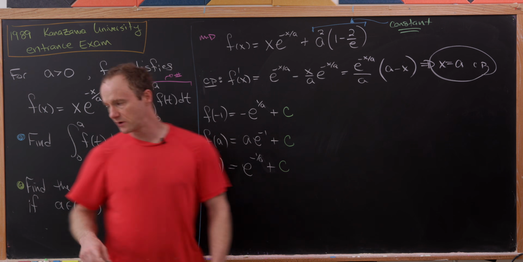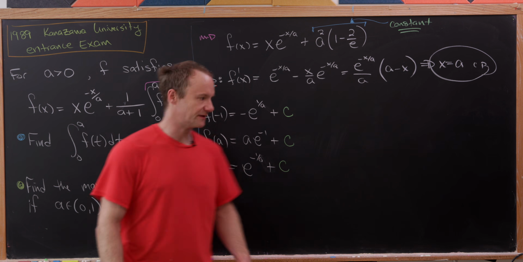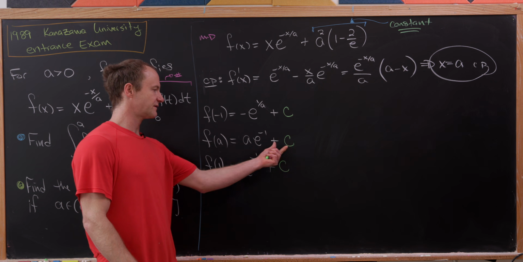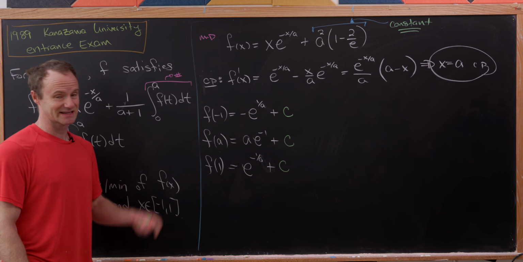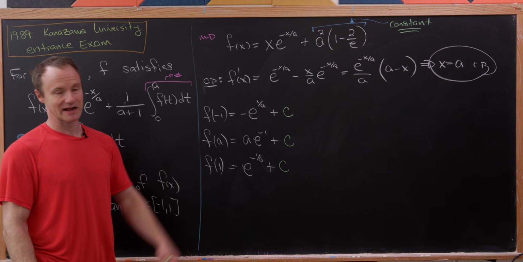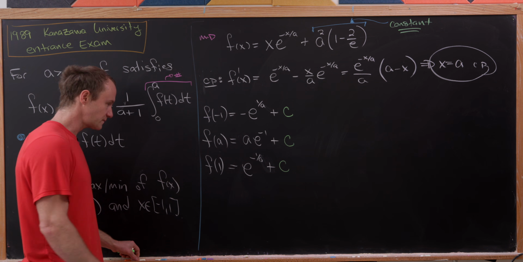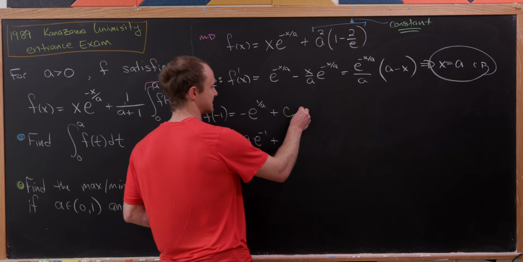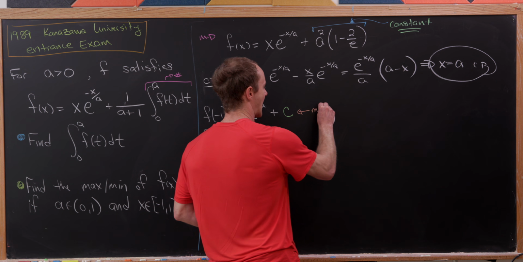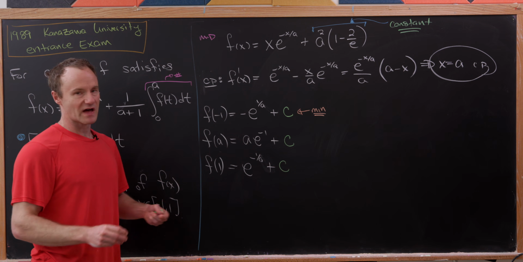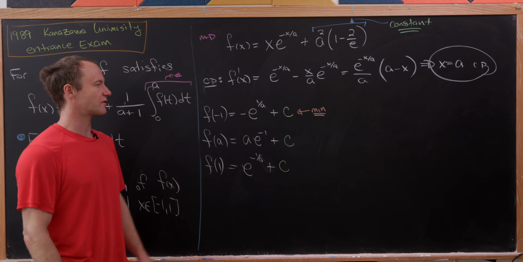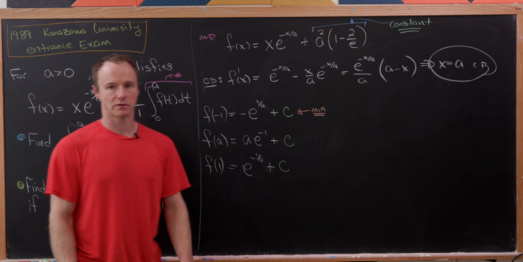Well, now notice we know that a is positive, so that means we've got a positive number plus a constant, a positive number plus the same constant for these last two, but here we've got a negative number plus a constant. Well, that means that this is most definitely our minimum. And what is that minimum value? Well, it's going to be e to the minus 1 over a plus that number right there.